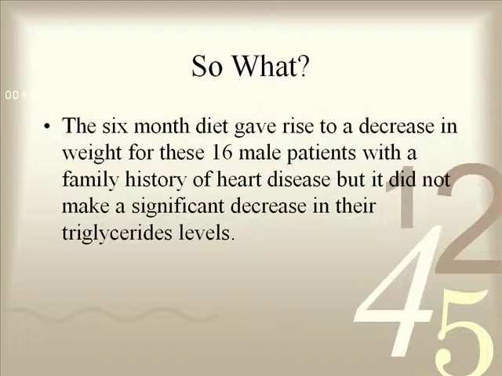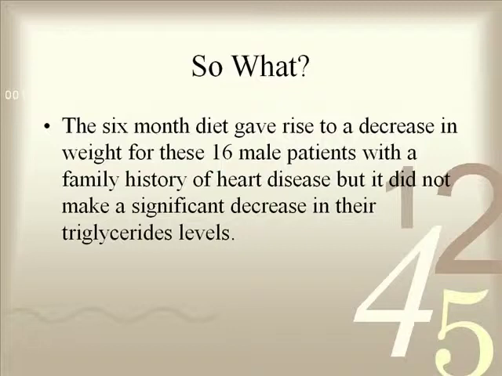Can we infer this back to the generalized population of male patients with heart disease? It's called generalizing the results of this study back to people who have a family history of heart disease.